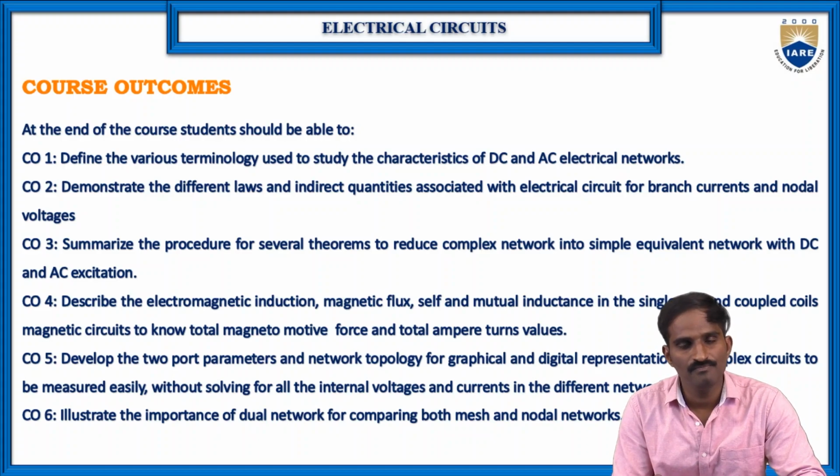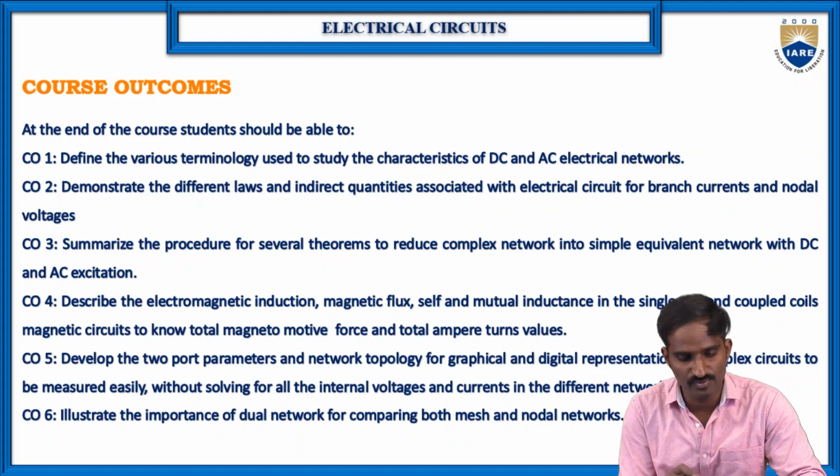Coming to course outcome 2, after successful completion of the course, the student should be able to demonstrate different laws and indirect quantities associated with electrical circuits for branch currents and nodal voltages.